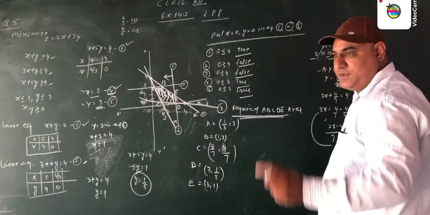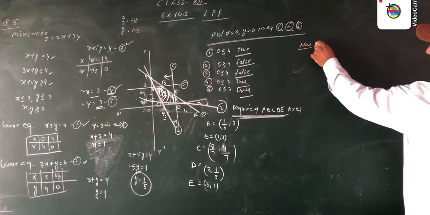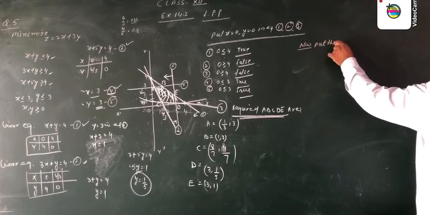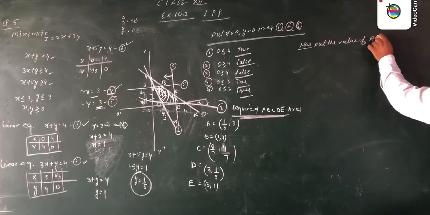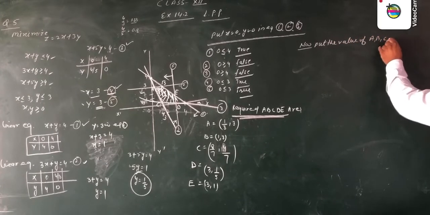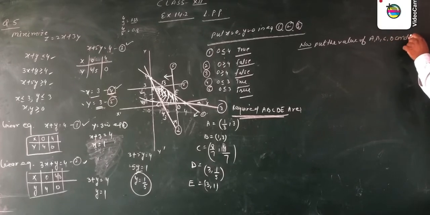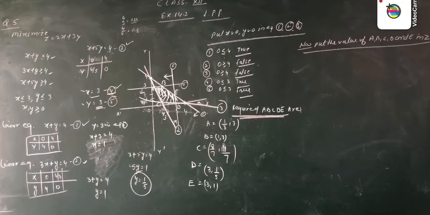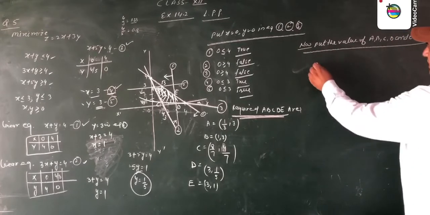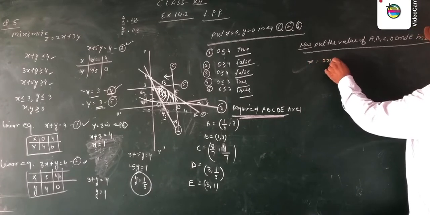Now we put the values of A, B, C, D and E in Z to find the minimum value. Z is equal to 2x plus 3y.